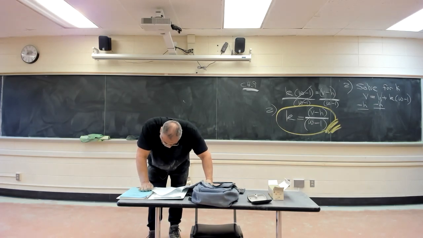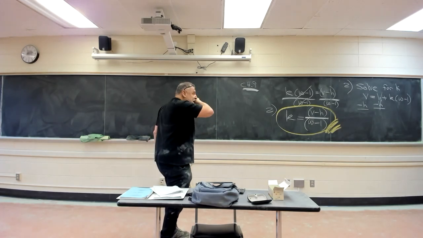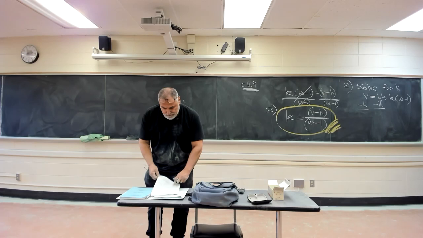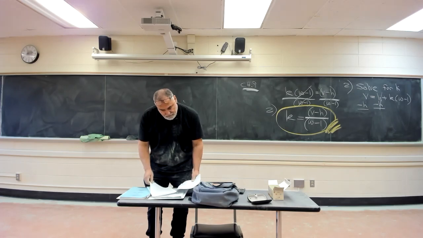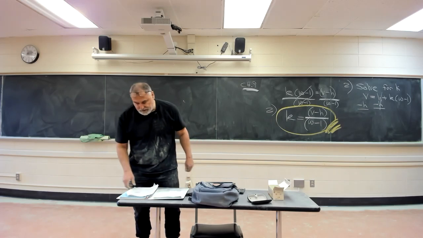Yeah, V minus H over W minus 1. Okay. Looking good. Looking pretty good, you guys. Let me keep looking at this thing. Don't know how much time I got, but we're definitely going to get through this.